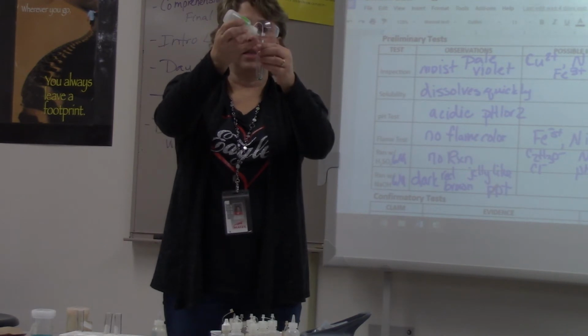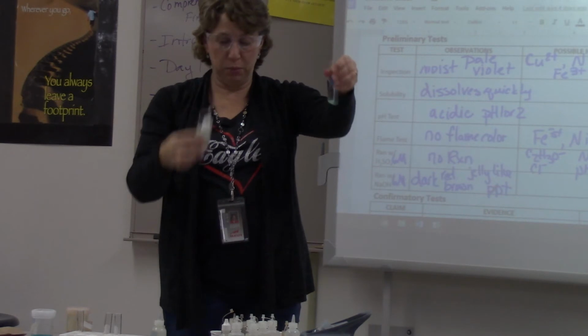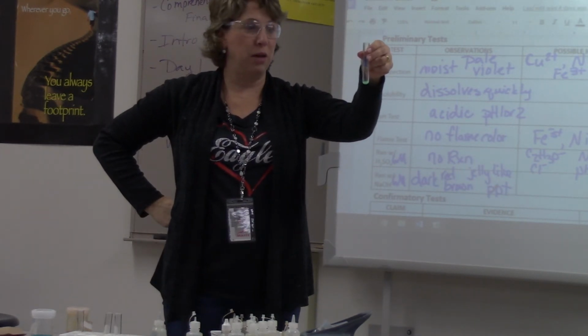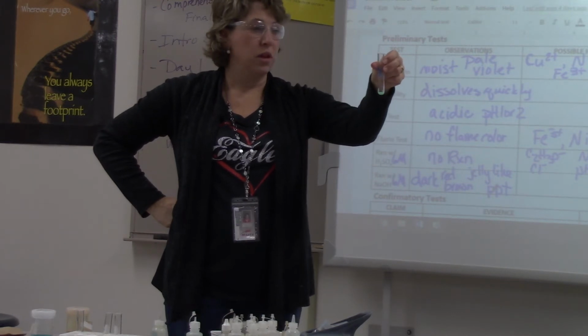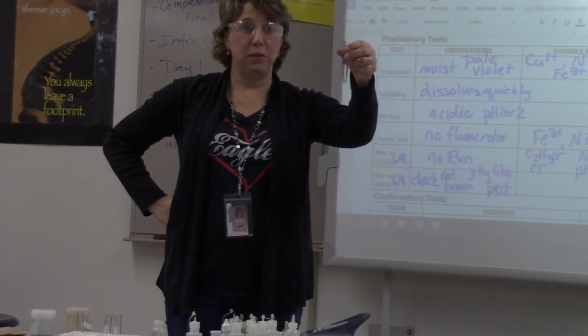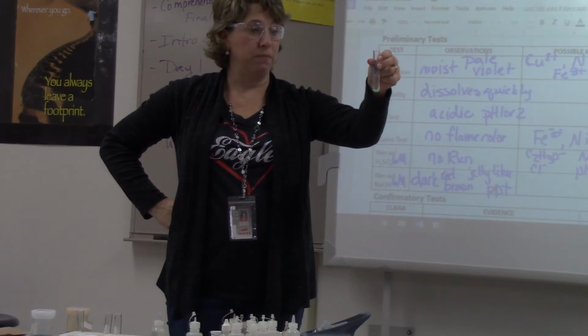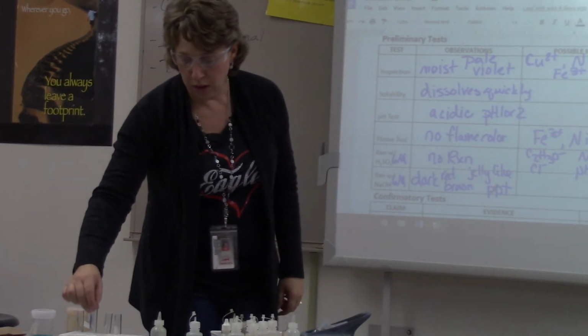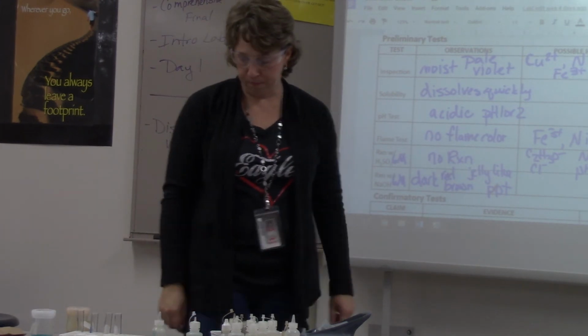Okay, so now let's add a drop of sodium hydroxide. And we do get a precipitate, but is it the same color as our red precipitate for iron? No. So we now also know the precipitate color for nickel, don't we? And so you can also write that down in your lab packet.